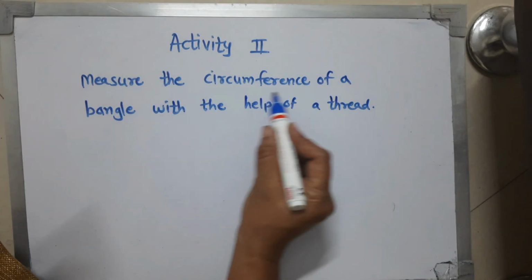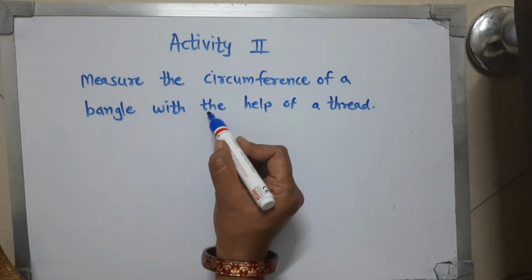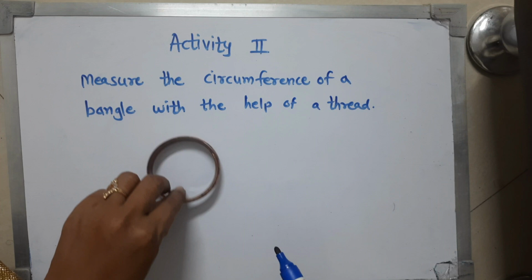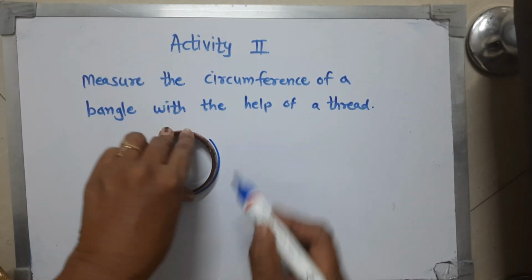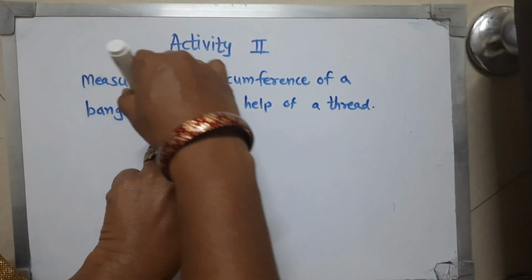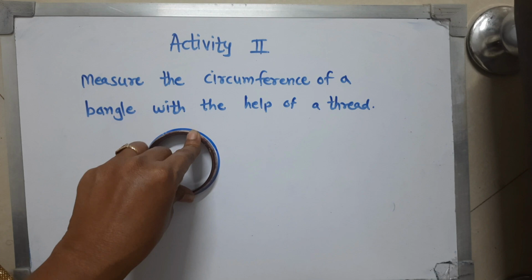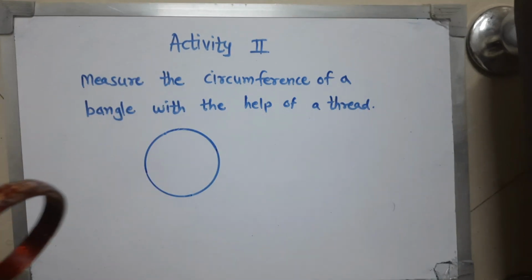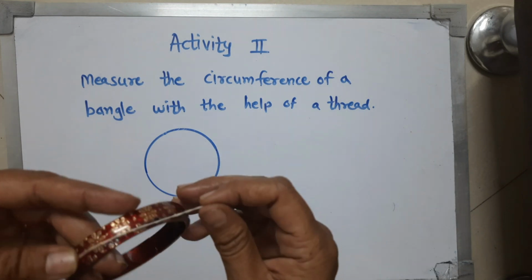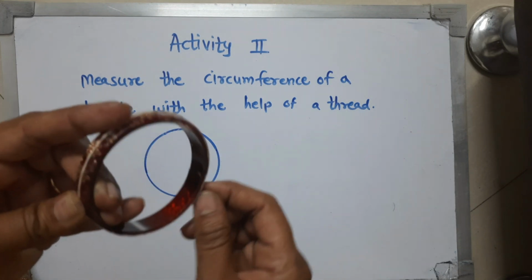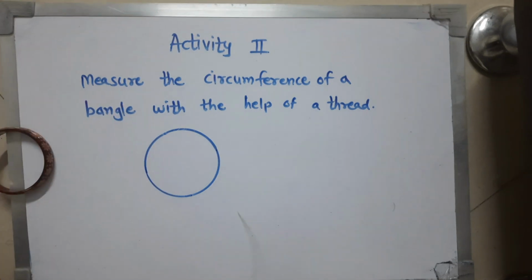Next activity is to measure the circumference of a bangle with the help of thread. I draw a circle, use the bangle, trace the outline of the bangle base and use the thread to measure the circumference of the bangle.